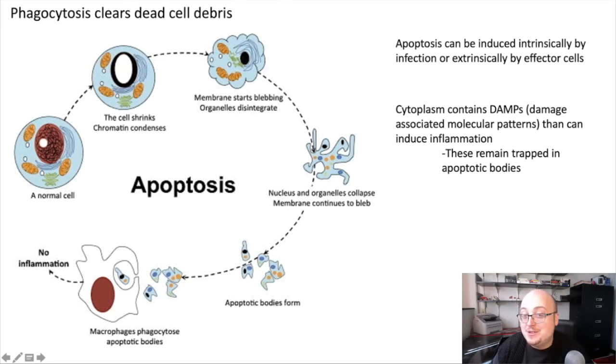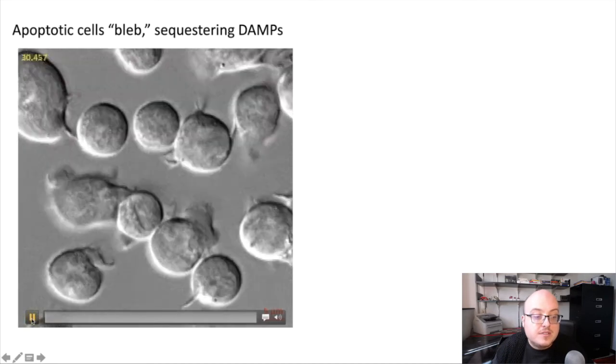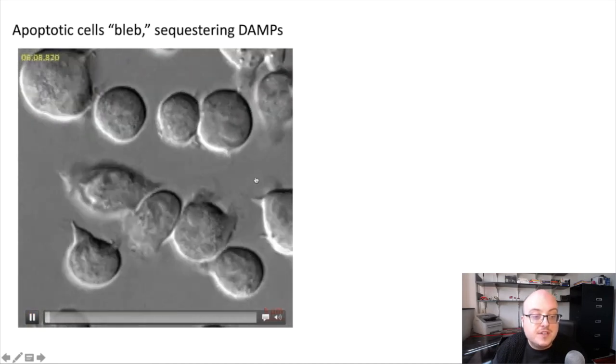We don't want apoptosis to trigger an immune response. We would have a lot of inflammation and autoimmunity if that were the case. And so this process is very carefully regulated to make sure that inflammation is not a result of apoptotic programmed cell death.